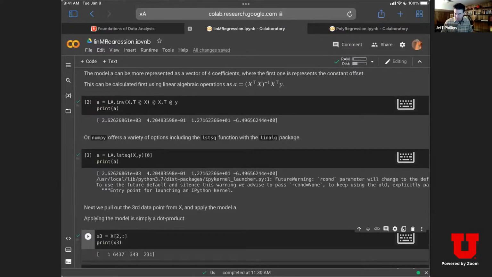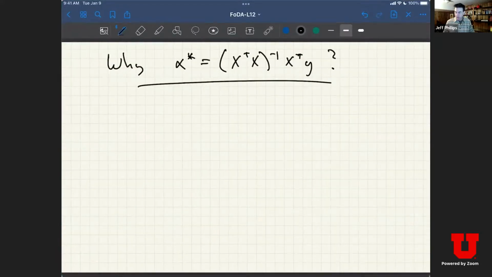Okay, so let's go back. This was multiple linear regression. Once you've converted it, added that 1 in front, and represented it as a matrix and vectors, this one equation gives you the answer.